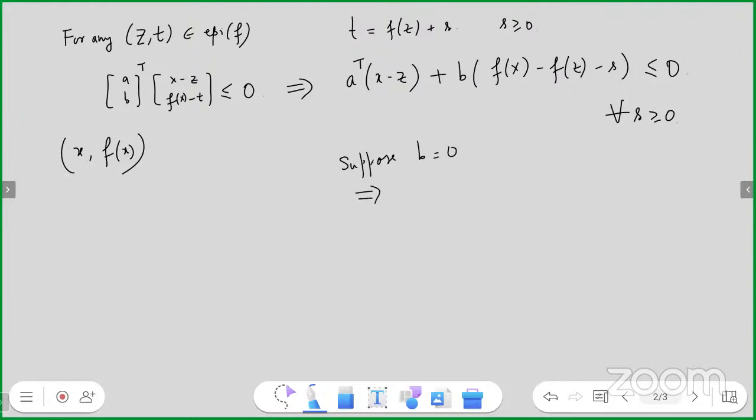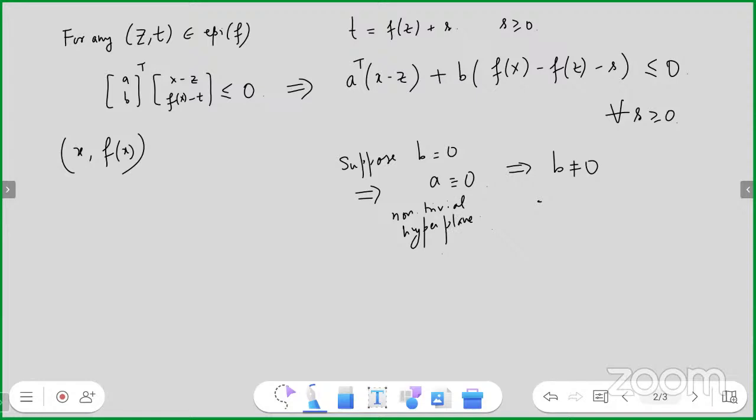That a transpose (x minus z) is less than or equal to 0 for all z. What does that mean? That a is identically 0. But if b is 0 and a is 0, what kind of hyperplane did you start with? The whole point was it was a non-trivial hyperplane. So this implies that b cannot be 0. Non-trivial. Okay, so what we have established is b is not equal to 0.